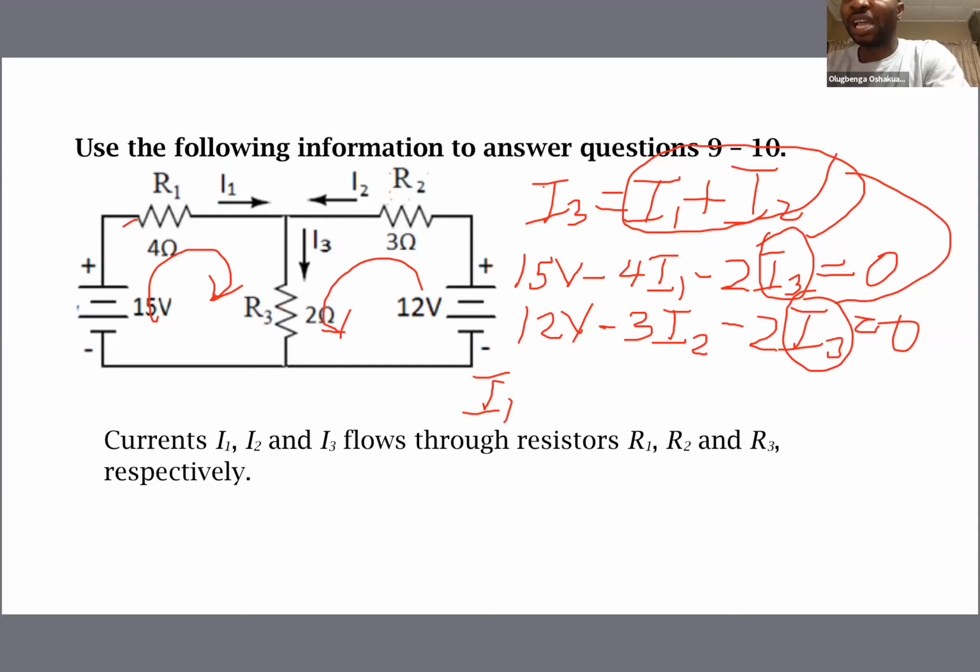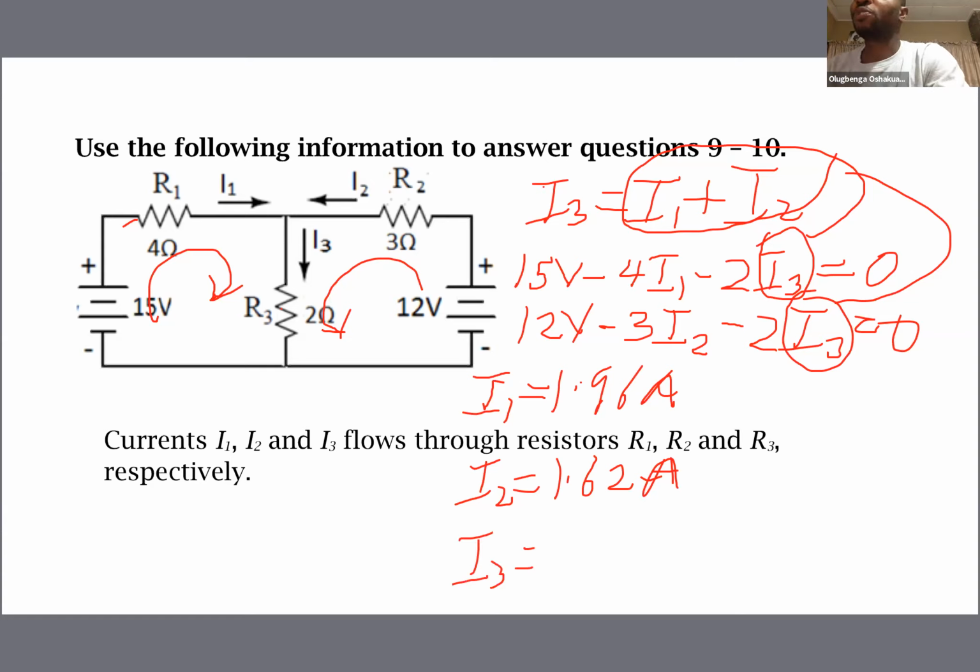So when I obtain I1 and I2 simultaneously, I1 will be equal to 1.96 ampere, I2 will be equal to 1.62 ampere. Please go through my previous video. I've solved this before, so I don't want to waste time explaining all over again. Then I3 should now be equal to I1 plus I2, which will be 3.58 ampere.